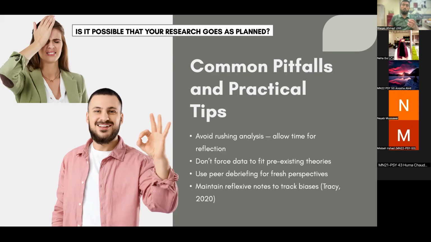Because sometimes we think that we know better about our research, but we actually miss a lot of things. For example, I can look at this thing from one angle, two or three, but I would not be looking at it from this angle. So if I talk to a colleague or a senior friend, they might guide me and I can get some spark from there. And the last point is to maintain reflective notes to track biases.